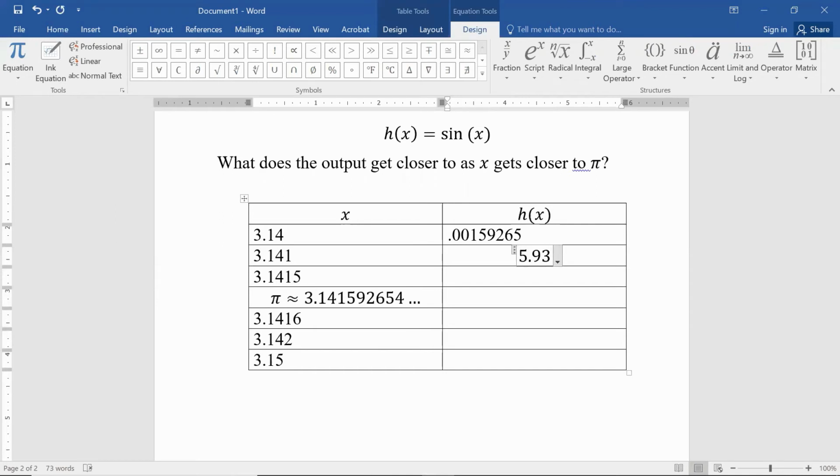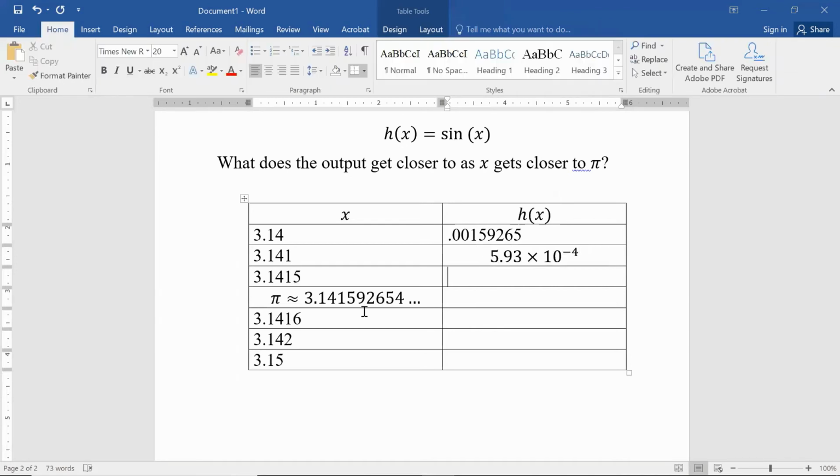So I get 5.93 times 10 to the -4th, which is a really, really small number, right? For those of you who don't know scientific notation, that'd be 0.000593. We'd have to move that decimal point over 4 spots.